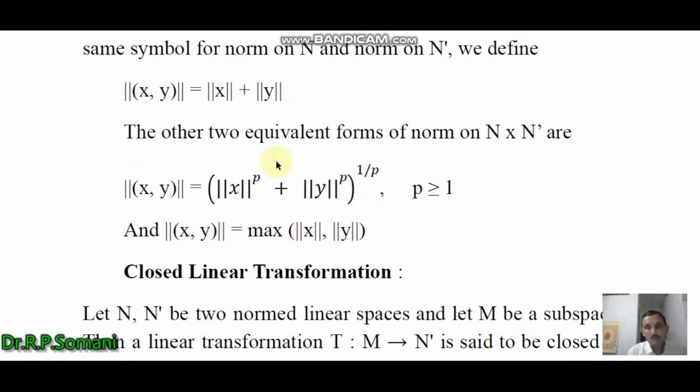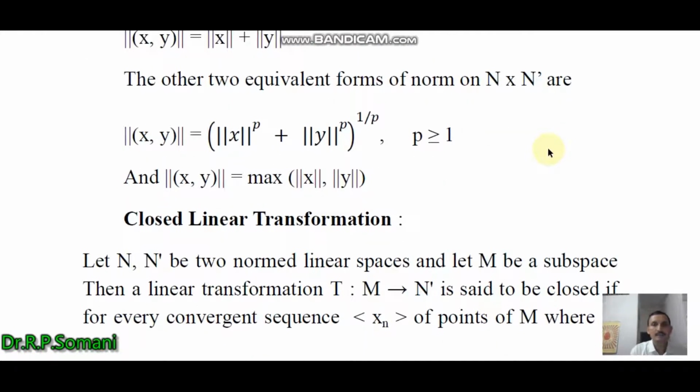Two other equivalent forms of the norm on N cross N dash are: norm of (x, y) equal to (norm x power p plus norm y power p) whole power 1 by p, where p is greater than or equal to 1, and norm of (x, y) equal to the maximum of norm x and norm y. So these two are also equivalent forms of the norm on N cross N dash.